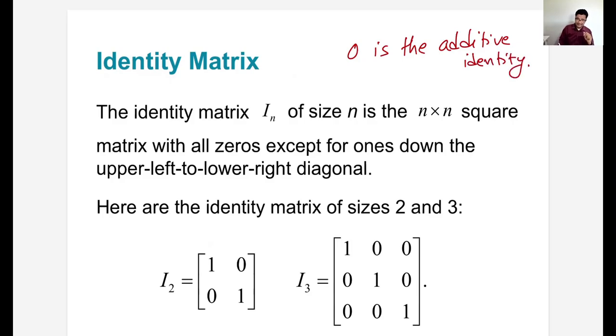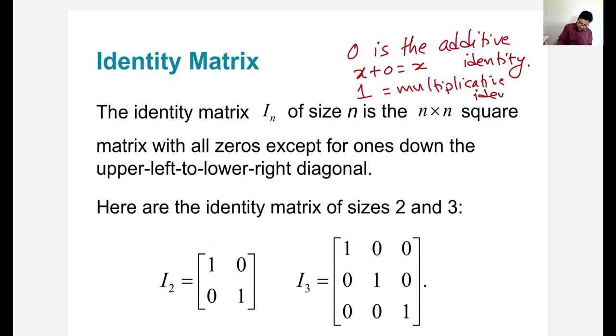Okay, 0 is the additive identity. Why? Because you could add 0 to anything and it won't change the identity of the other number, right? The x will be preserved, we say, right? So 0 is the additive identity. Similarly, 1 is the multiplicative identity.